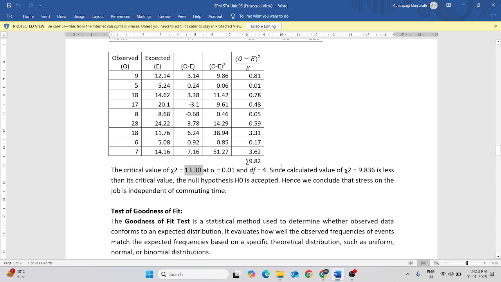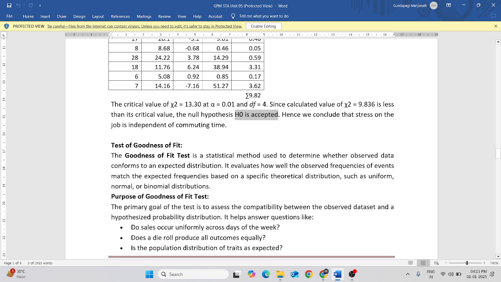So it is less than; it is not greater than. If it is greater than, we reject the null hypothesis. As it is less than, we are accepting the null hypothesis. So we can state that the stress on the job is independent of the commuting time.